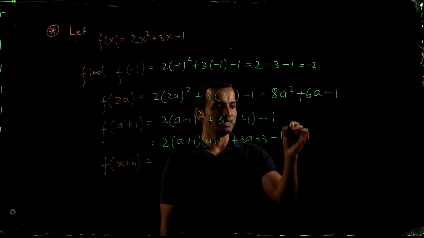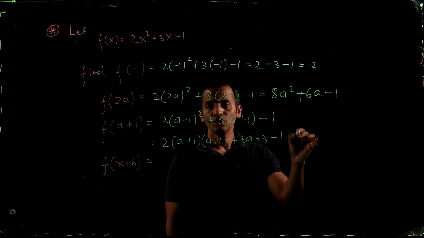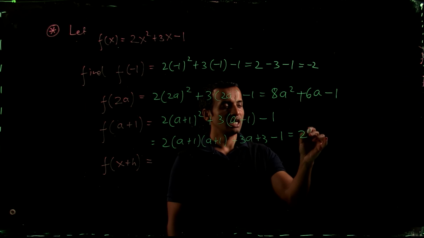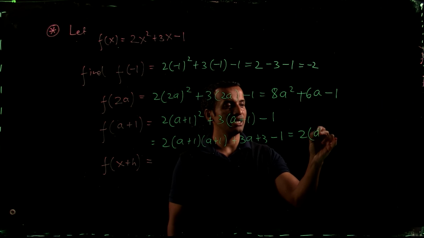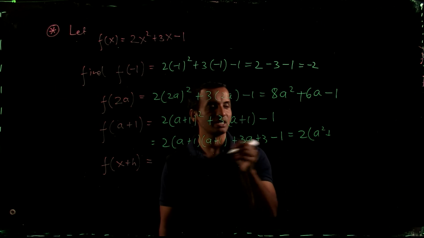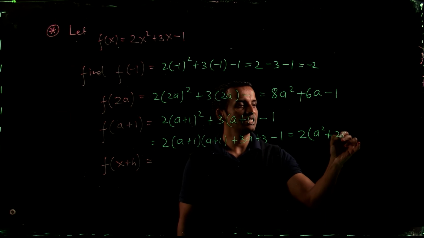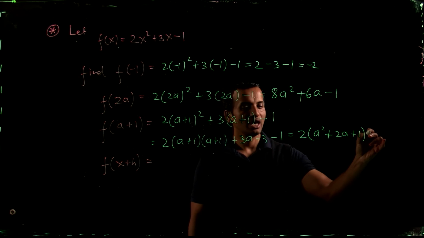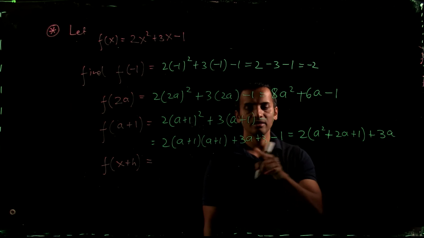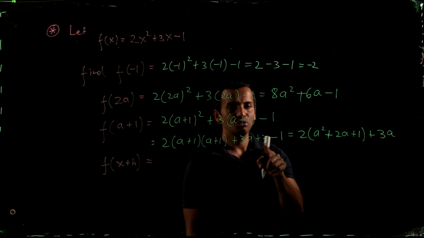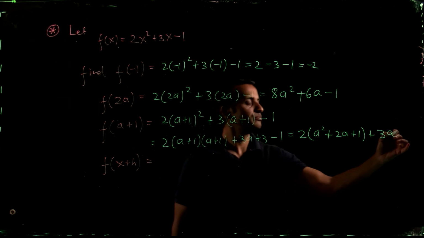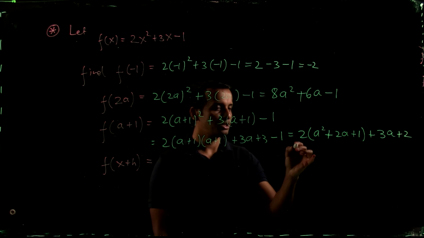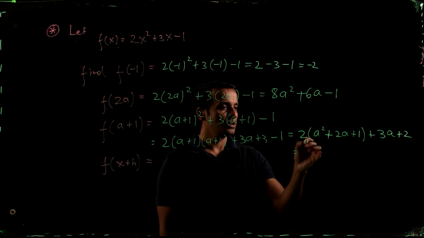So 2 times, if you FOIL this, you will get a squared plus a plus a, which is twice a, plus 1, and then plus 3a here, and 3 minus 1 is 2. So if you simplify this, what do you get?